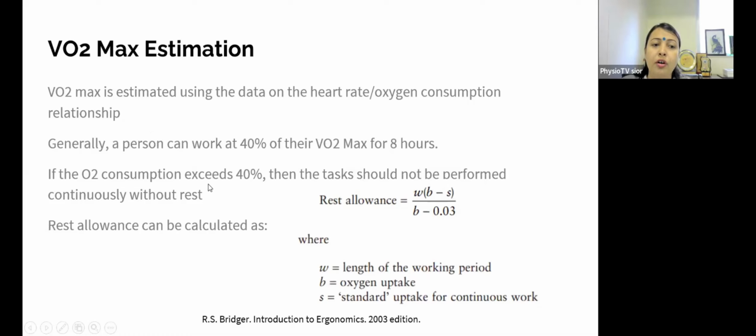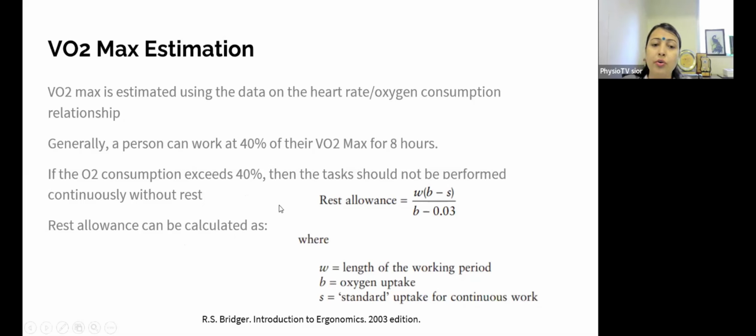Therefore, if the oxygen consumption exceeds 40%, then the task should not be performed continuously without rest. Obviously, you cannot change the entire job profile, but since the oxygen consumption is exceeding 40% of the VO2 max, the task has to be given a pause after some time. So there has to be rest in between the task.